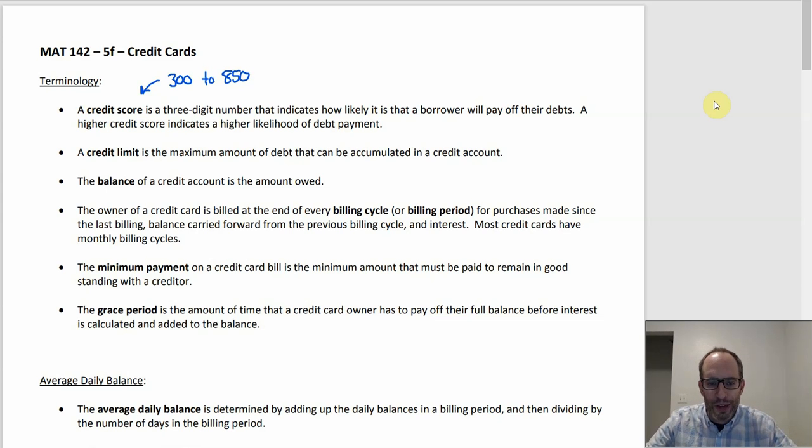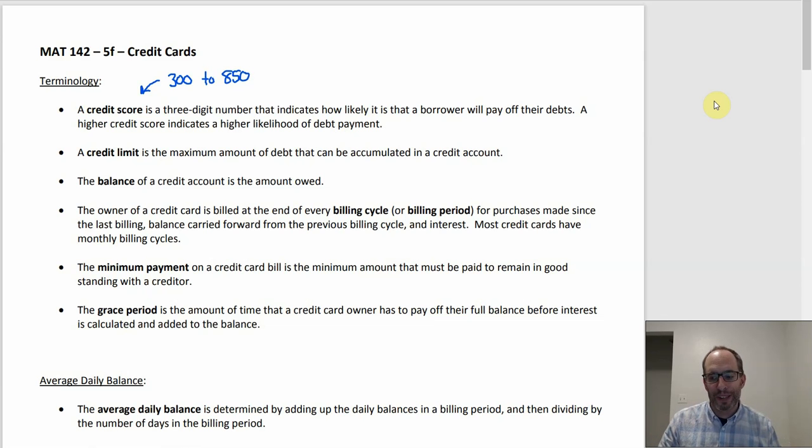Let's see, then the minimum payment, just being the amount that's listed on a bill, where if you pay at least this much, you'll remain in good standing with a creditor. The minimum payment varies a lot too. If you just open an account and don't have a credit history, then there's some default setting for it.